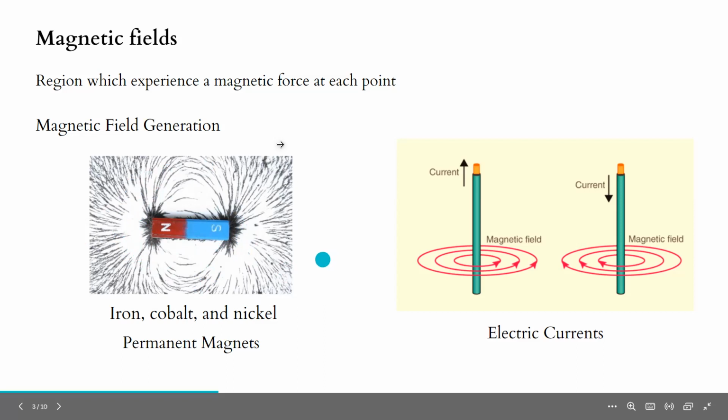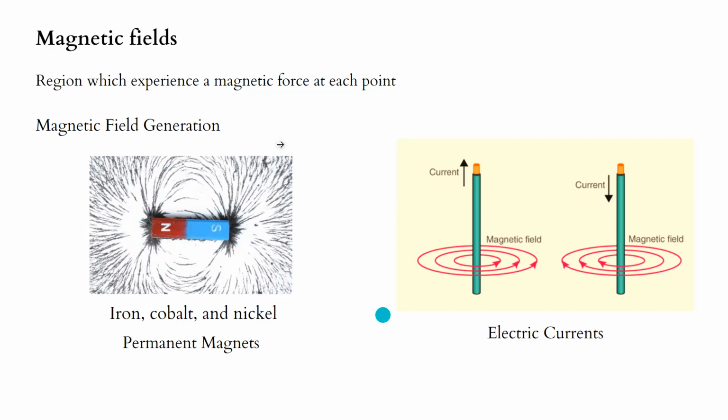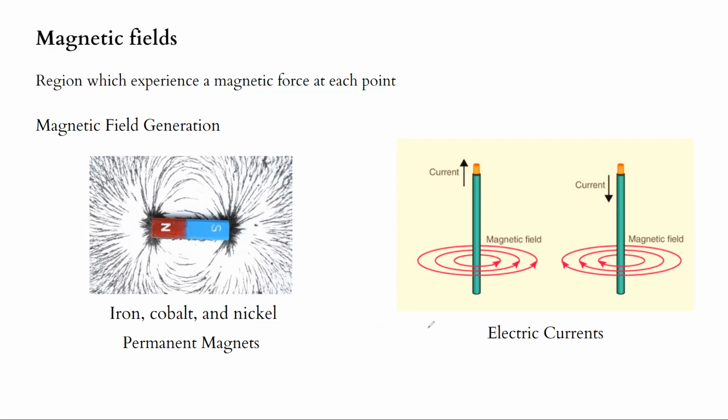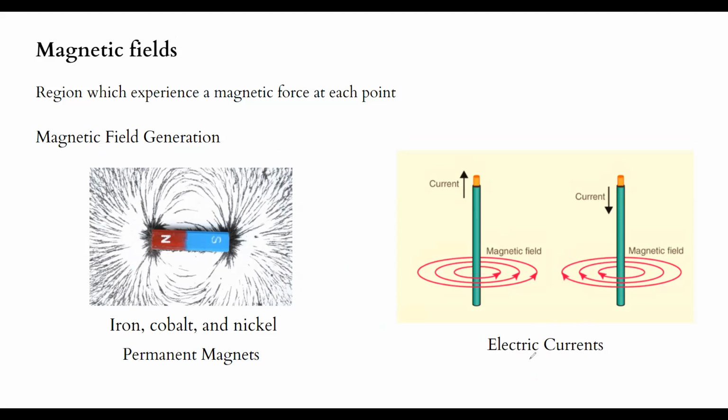Another thing is we can also create magnetic fields using electric currents, right? I think that is one of the major discoveries in the field of science. Although we are able to find a magnetic field around permanent magnets, they are not available all the time or in every place. It is very hard to find a natural permanent magnet for our applications.